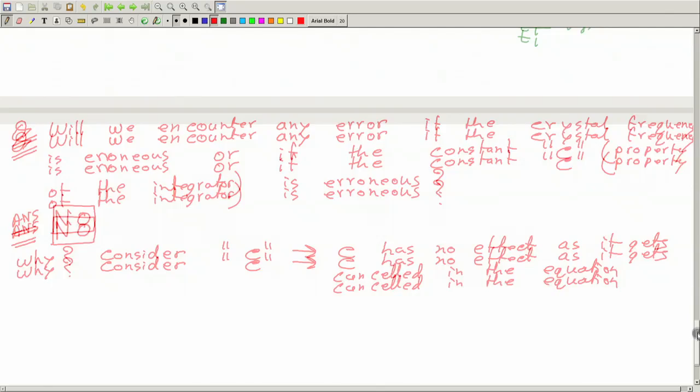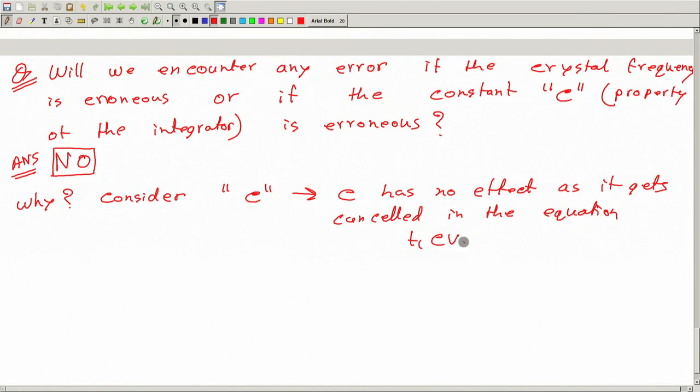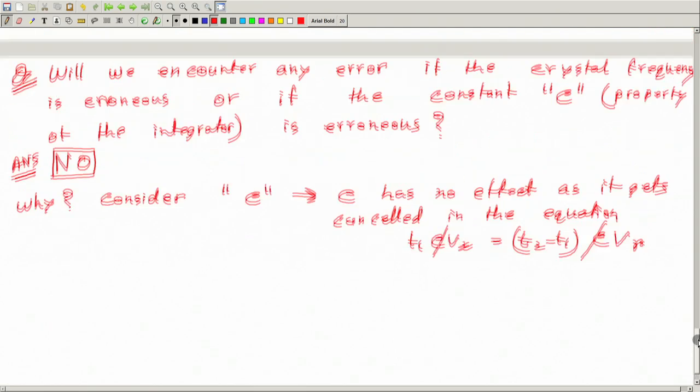What was the equation? T1 C Vx is equal to (T2 minus T1) C Vr.